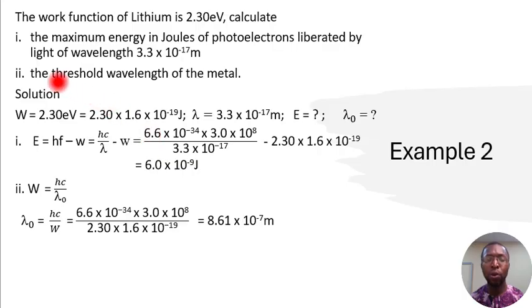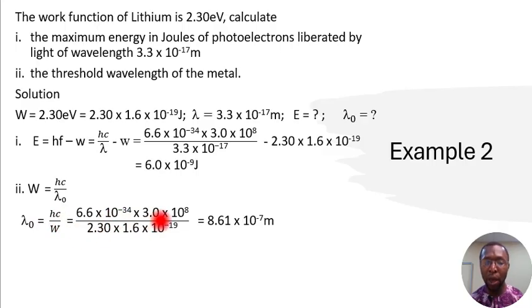Now, the second question says we should calculate the threshold wavelength of the metal. By formula, work function is Hc over threshold wavelength. Making threshold wavelength the subject of the formula, our threshold wavelength will be equal to Hc over W. H is the Planck constant and C is the speed of light constant.